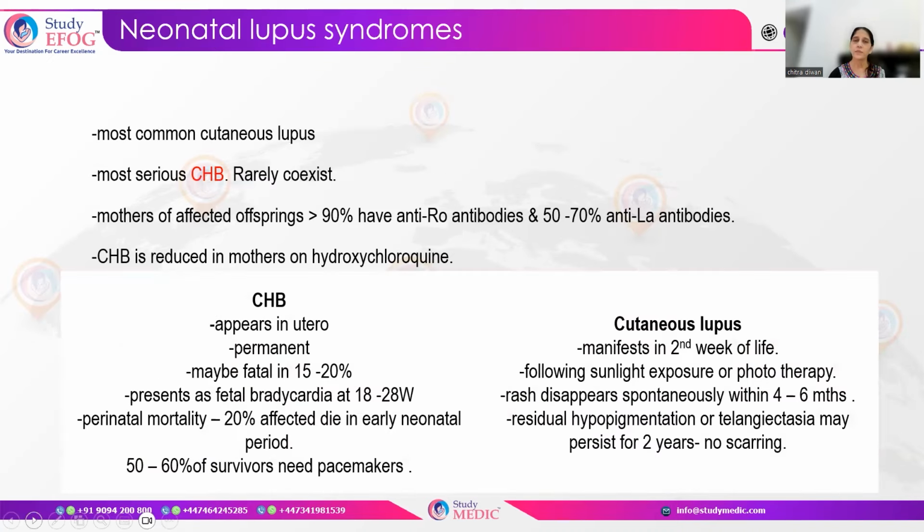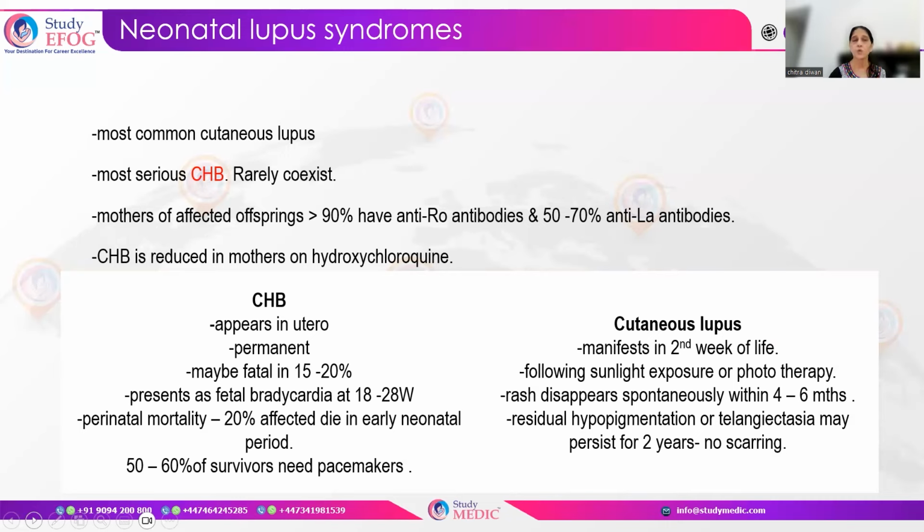Now, the next important factor that we are worried about in women with SLE is the effect on the fetus. So you have neonatal lupus syndromes. Out of this, most common is cutaneous lupus, and the most serious is congenital heart block.